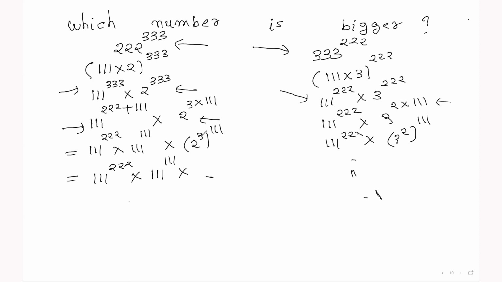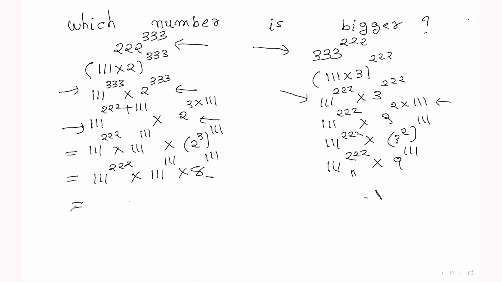Now 2 power 3 is 2 times 2 times 2, which is 8, so 8 power 111. And the right hand side, 111 power 222 and then 3 squared is going to be 9 power 111.